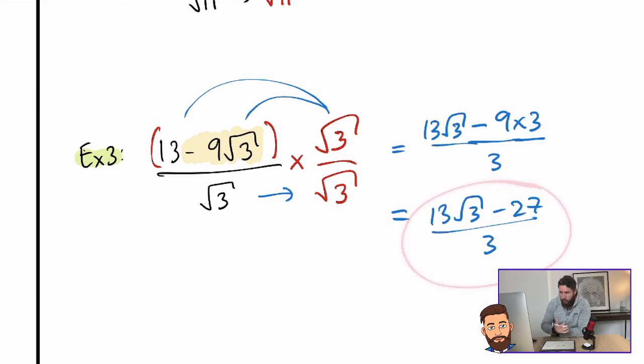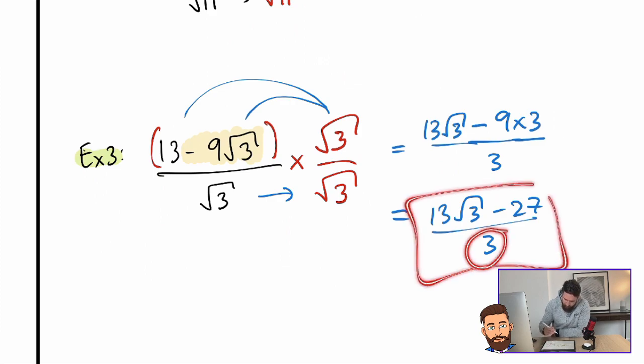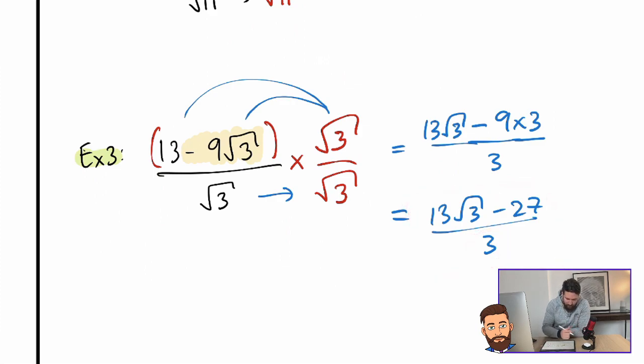We've done it, yeah? We've moved it up to the top and changed that around a little bit, but the whole goal has been achieved. Key thing to take into consideration here, I had to put brackets because I'm timesing by more than one thing. And you do the same to the bottom as you do to the top.